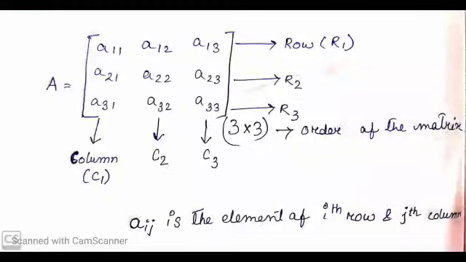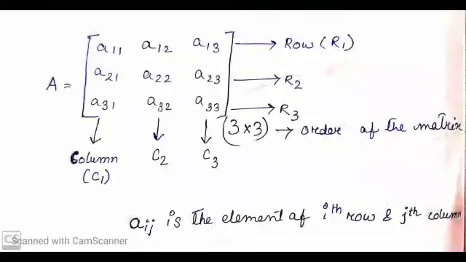The next one, A21, A22, A23, these are the elements of row 2, the second row. And A12, A22, A32, these are the elements of column 2, the second column. A31, A32, A33, these are the elements of row 3, and A13, A23, A33, these are the elements of column 3.